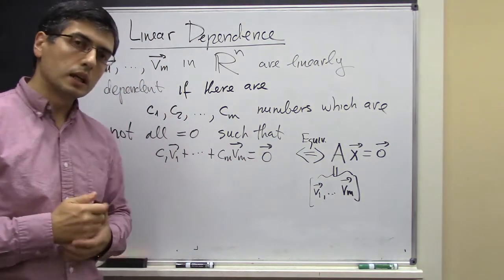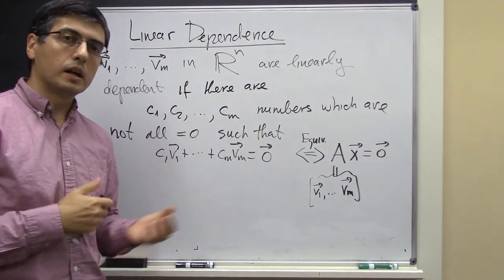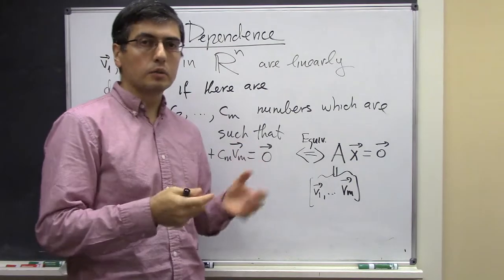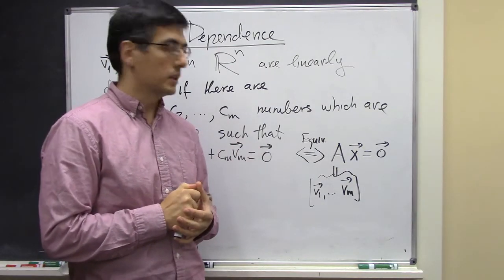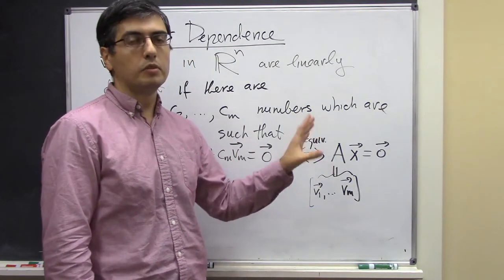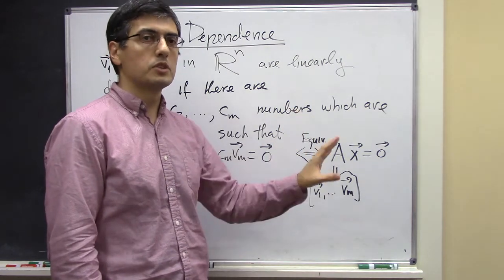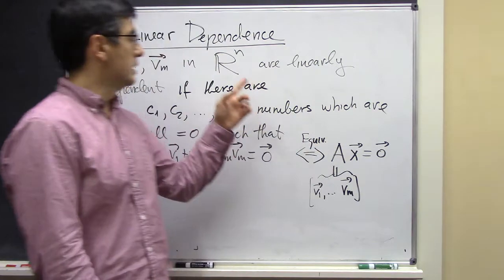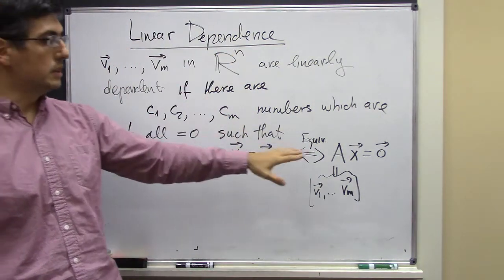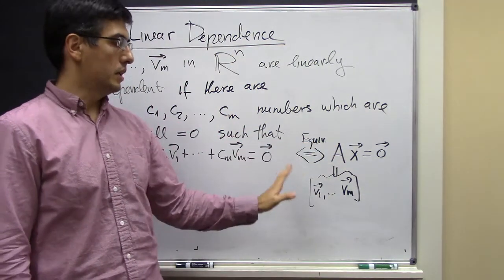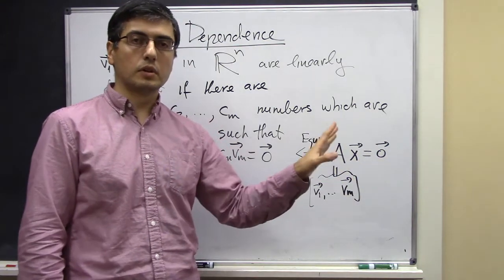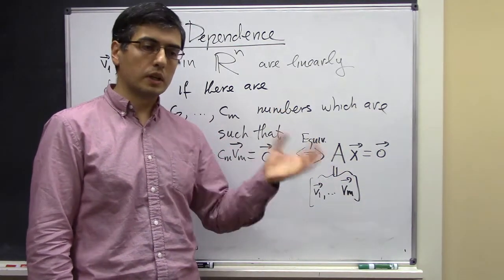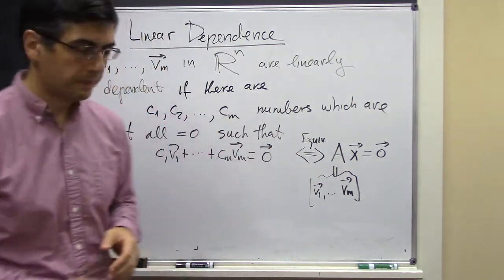You can argue without calculations, as a logical argument, that not every column will have a pivot, because the number of pivots is at most n, the number of rows, and the number of columns exceeds the number of rows, so not every column can contain a pivot.